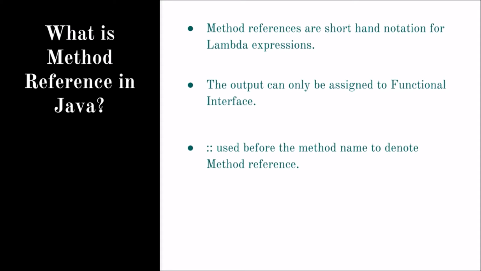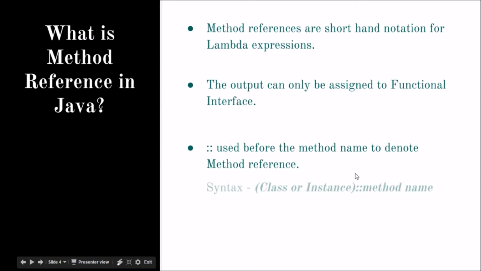So the way to use a method reference is using two colons, as you can see in the beginning of this line, between the class name and the method name. So that is how you use a method reference.